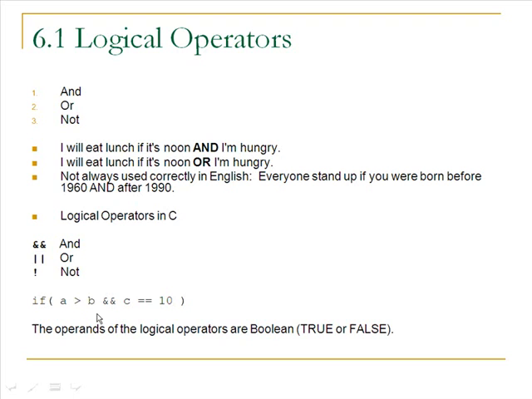So if we had true and true, then the whole expression would evaluate to true. If either of these were false, then the whole expression would evaluate to false. So go back up to this one. If it's noon and I'm hungry, both of those, noon and I'm hungry, had to evaluate to true in order for this to evaluate to true. And similarly in formal logic, with and, both of them have to be true.